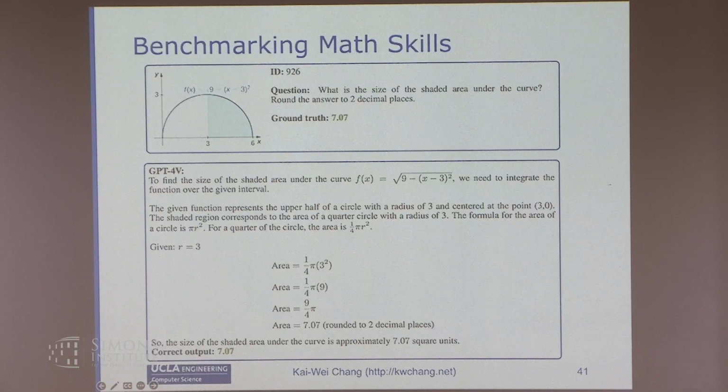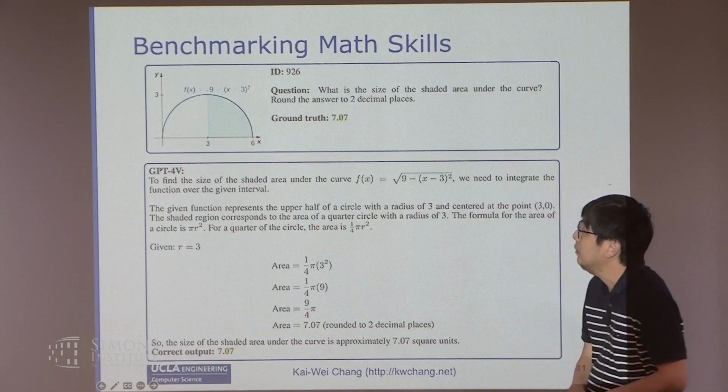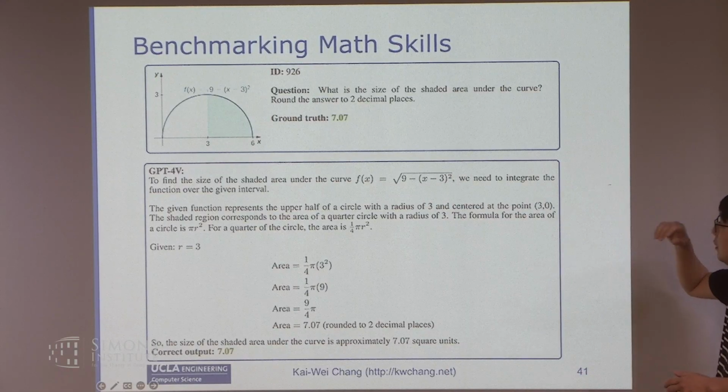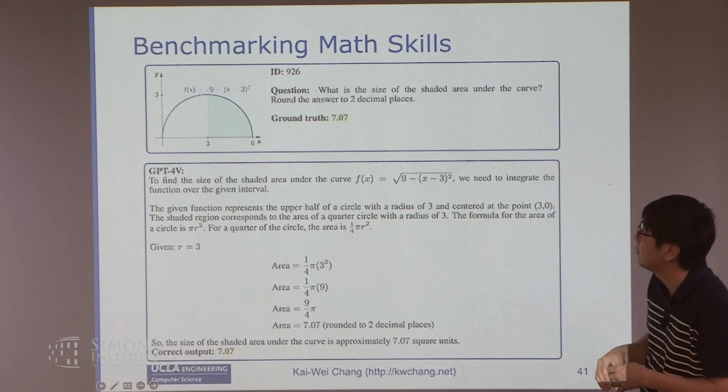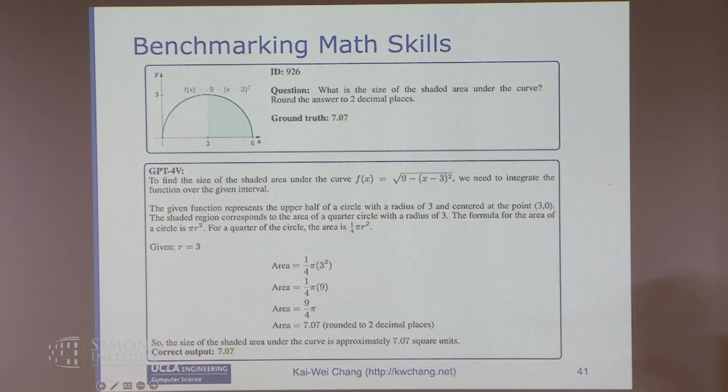Another interesting task that we are benchmarking is if I have some math problem with some image input. For example, this is a typical thing from your undergrad or senior high school tasks, right? I would basically ask, what is the size of the shaded area under the curve?